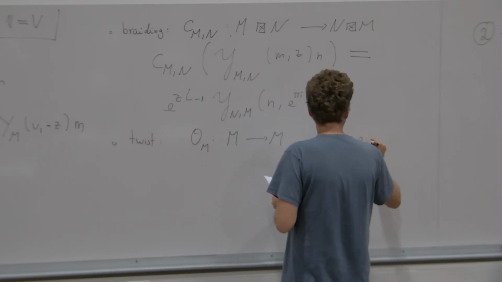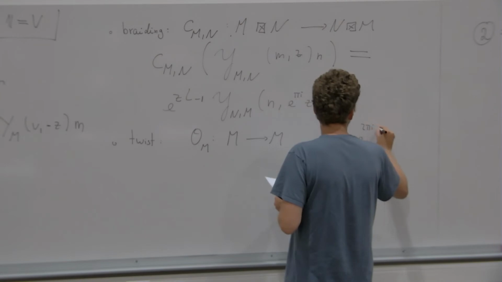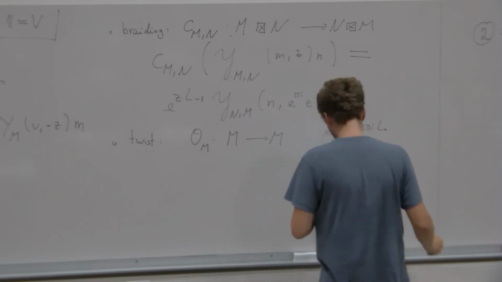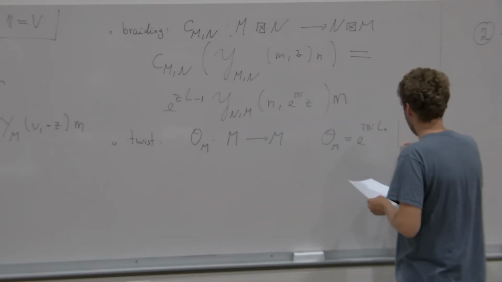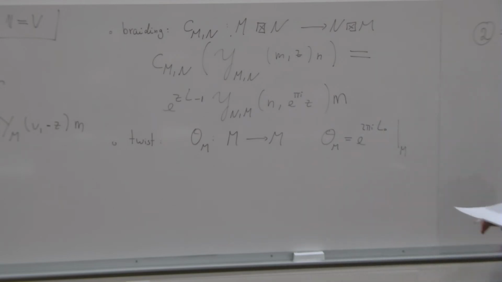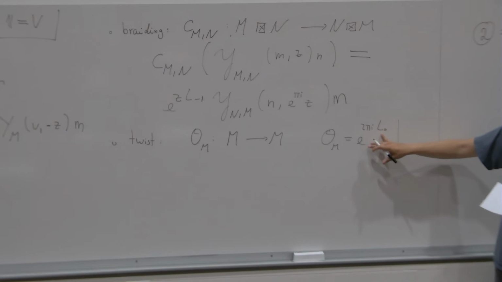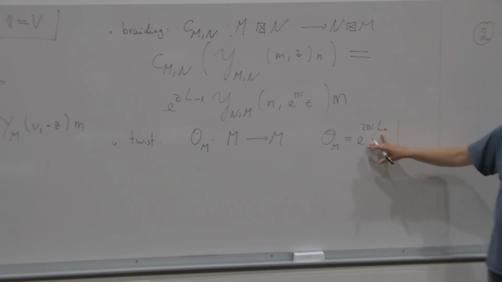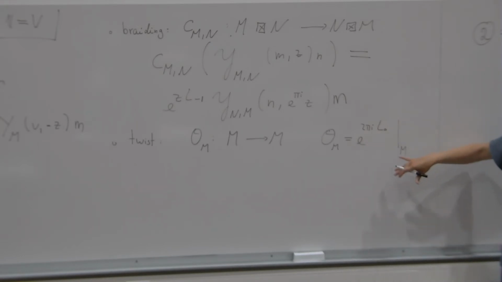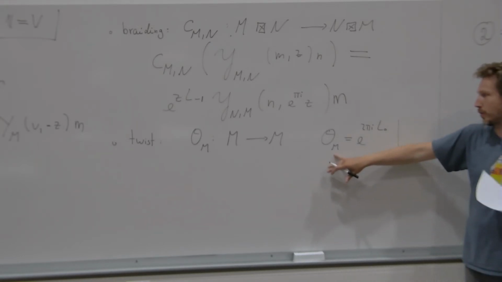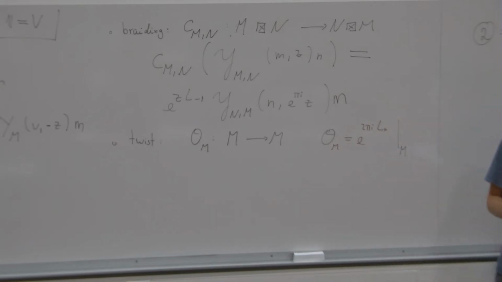And this twist is just defined by the action of e to the 2 pi I L naught on the module M. A simple module will always be integer graded, so this makes sense. But sometimes L naught will not act semi-simply, so it will just be graded by generalized eigenspaces, and then that would also correspond to the twist not acting semi-simply.